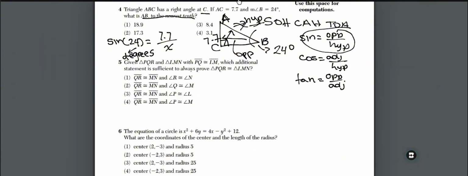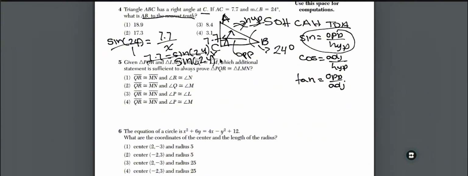Now, I'm just going to clear up a little bit of space. I'm just going to do a simple cross multiplication. So I have 7.7 equals sine 24 times x. And then to get x by itself, I would divide by sine of 24.